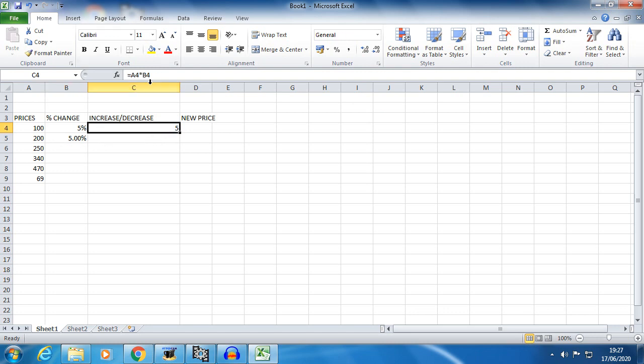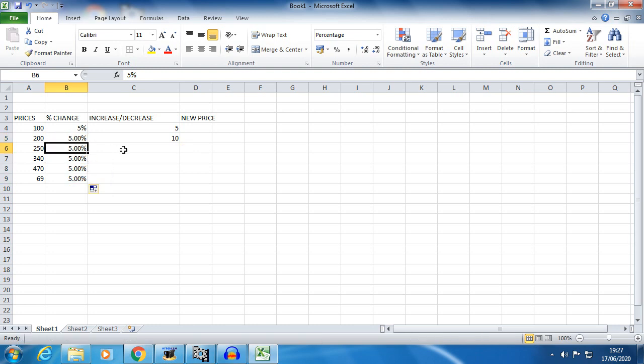We just multiply these two numbers together. This and this, multiply them together. Voila. So 5% of 100 is 5. So it follows that 5% of 200, because it's double 100, therefore the answer should be double. Let's just replicate this down to all of them.